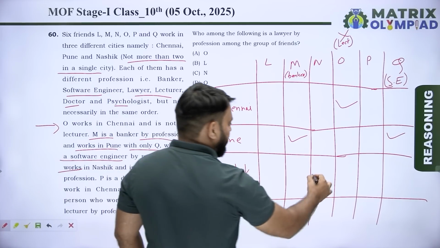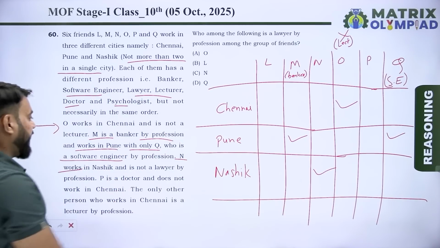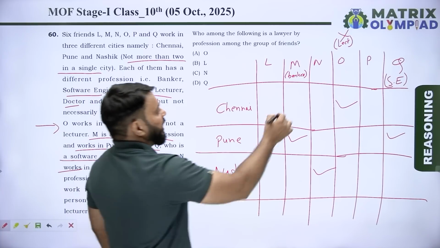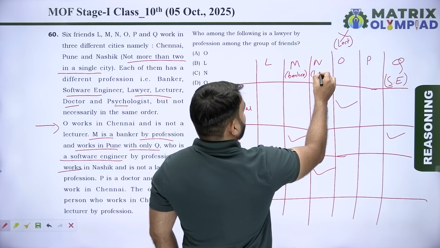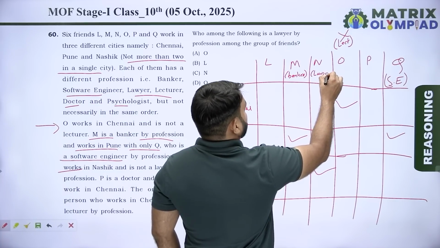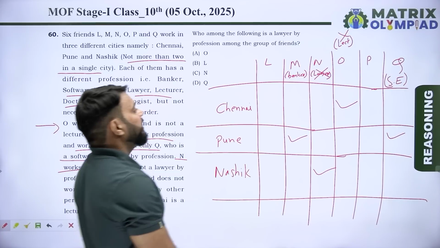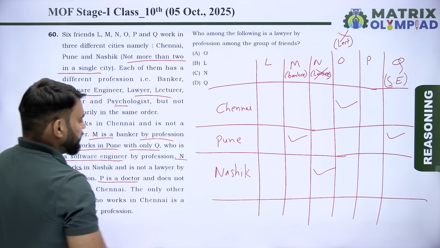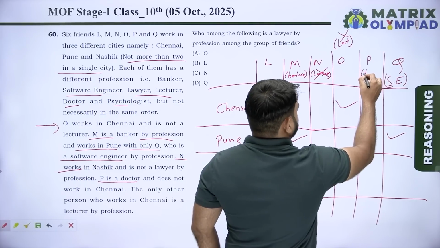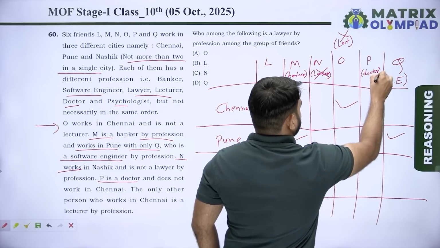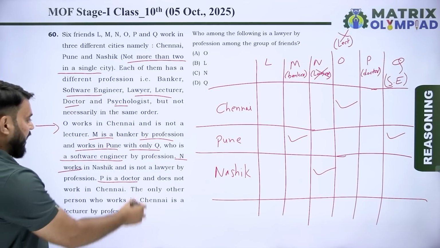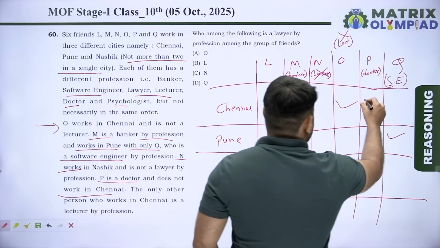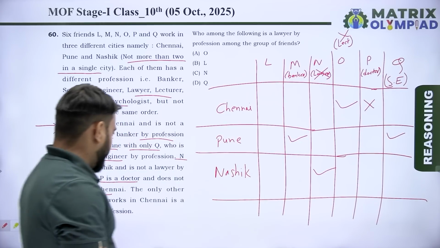N works in Nasik and N is not a lawyer by profession. P is a doctor and does not work in Chennai.